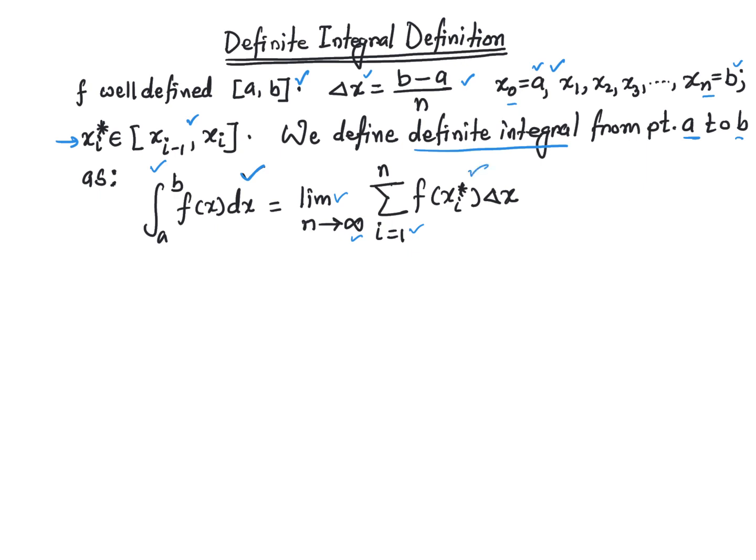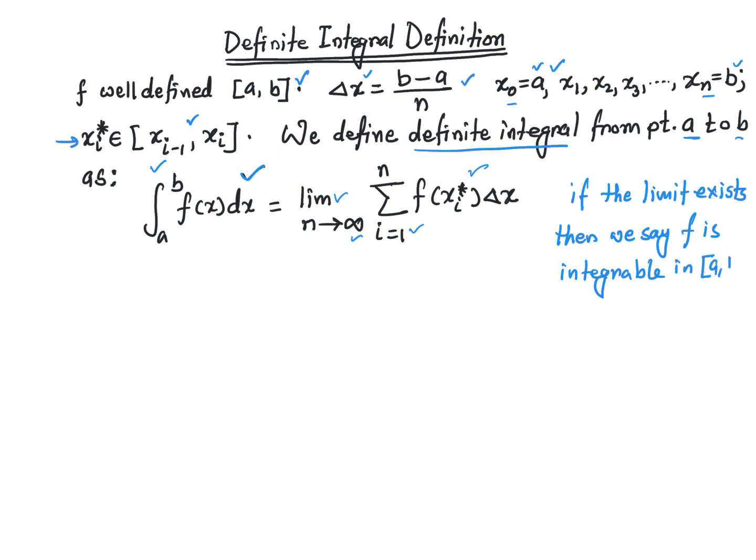If this limit exists, then we say f is integrable in a comma b.